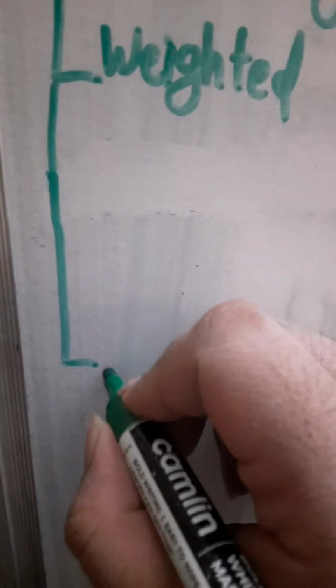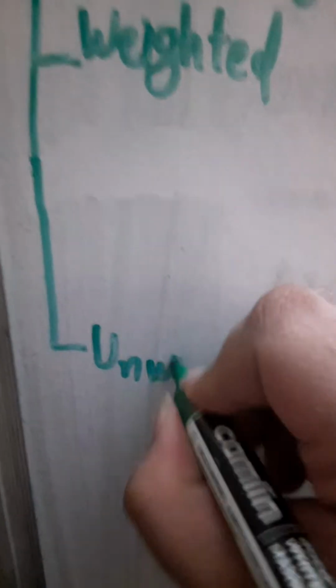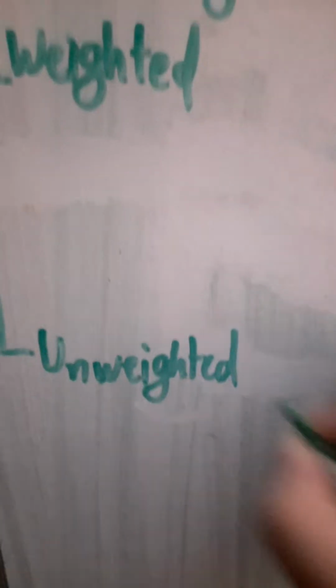What's up? So this is unweighted. What does this mean? I would tell you, okay? And post filtering. By the way, pre-filtering also means area sampling.